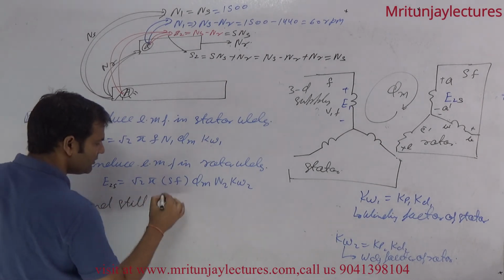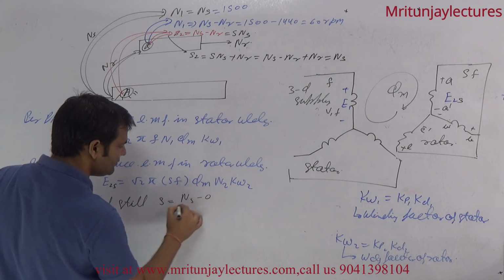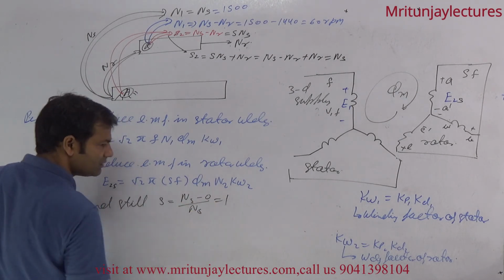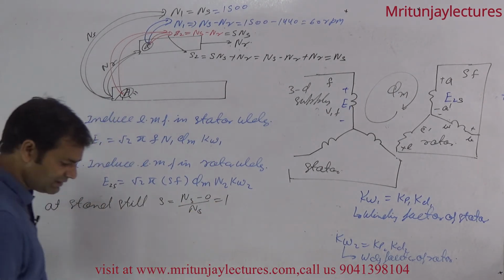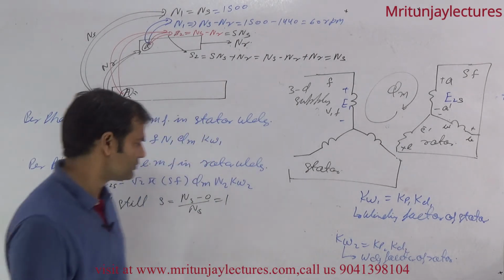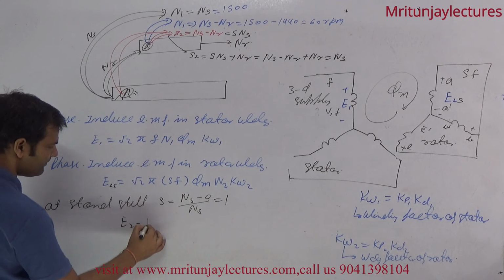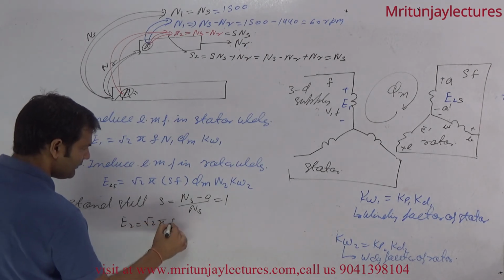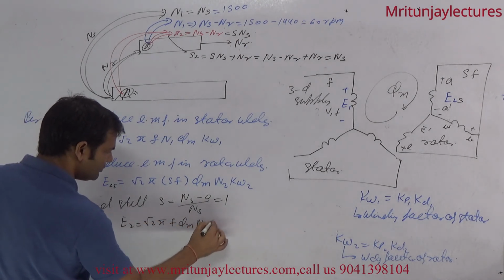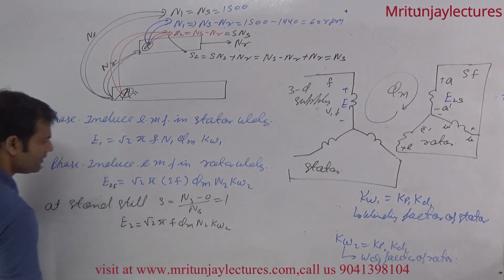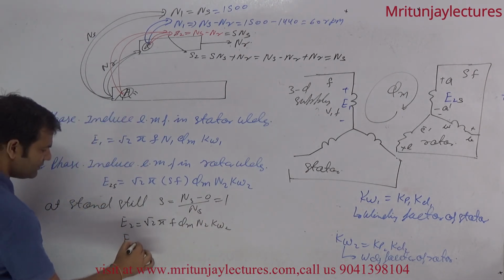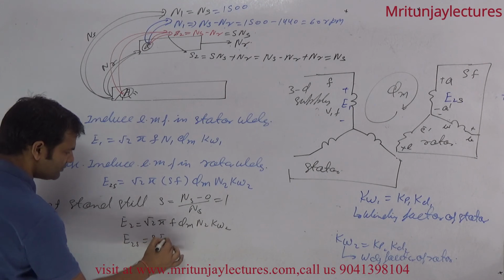what about slip? Ns minus 0 by Ns is equal to 1. At a standstill, Nr is equal to 0, that's why slip is 1. So this expression is root 2 pi f phi m N2 into kW2. Clear? So E2s is also written as s into E2.